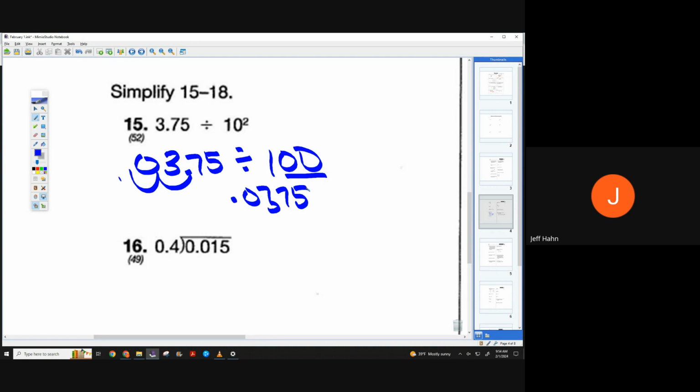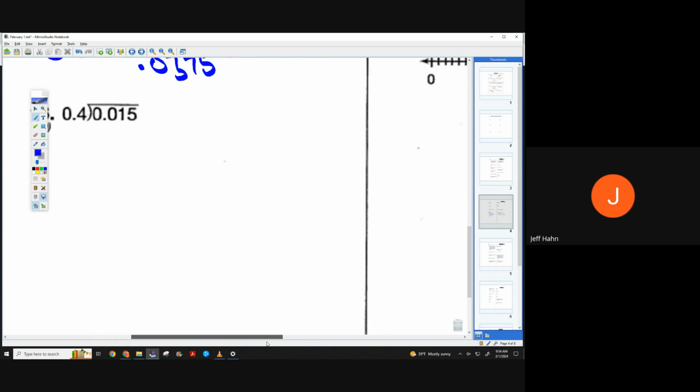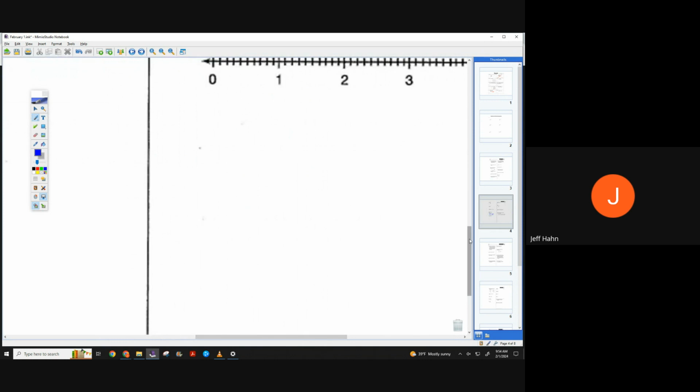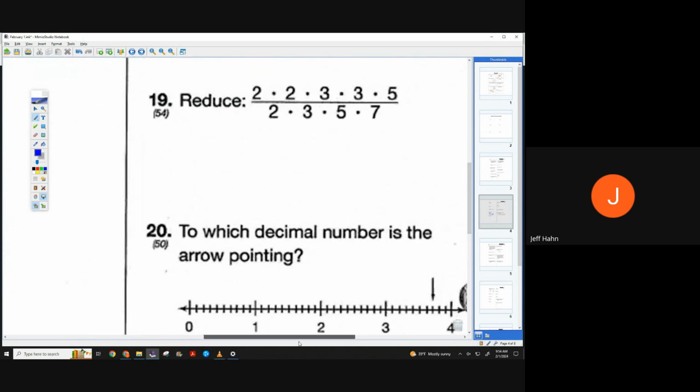Dominic, yours was which one? 19. Problem number 19. What's the deal when you have that sort of a problem? If you have the same factor on top, you can cross it off with the exact same factor on the bottom.